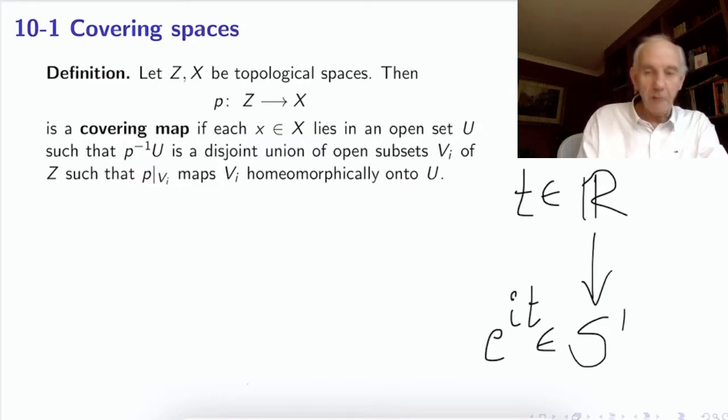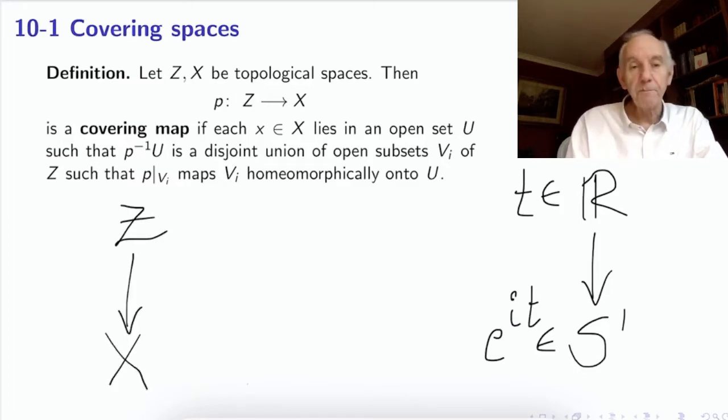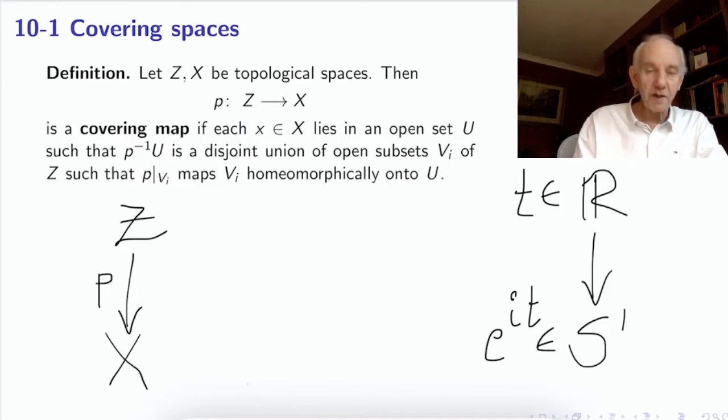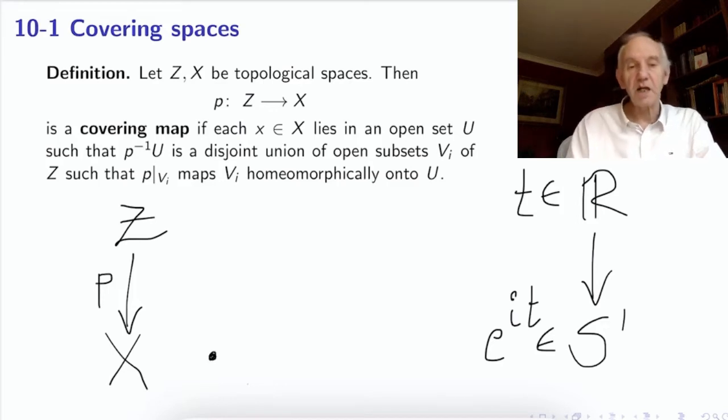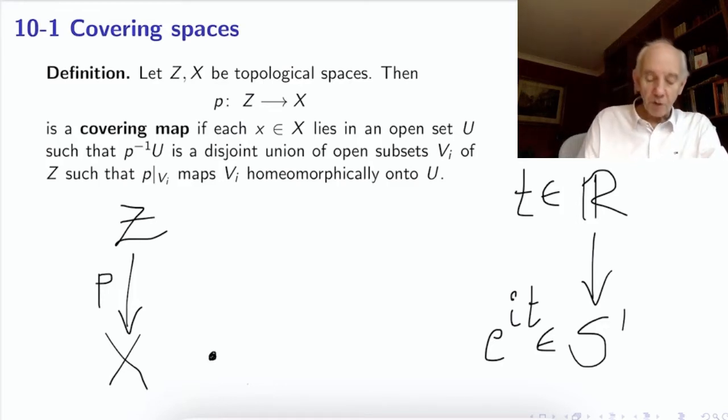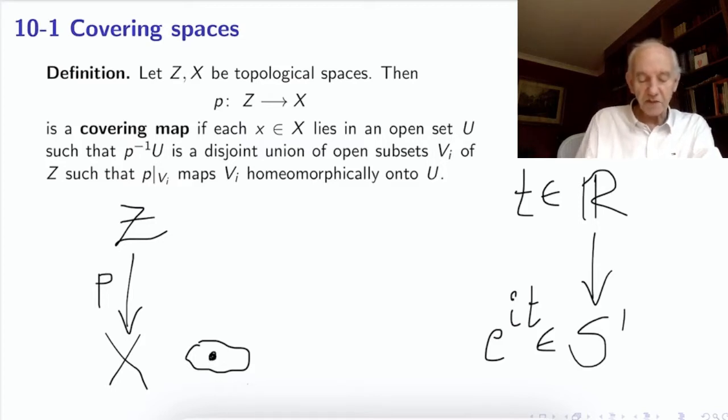We're talking about a map from a topological space Z to a space X. The map here is called P. The idea is that for any point in X, in the target, sometimes called the base, we can find some open set around that point, sufficiently small so that its inverse image in Z consists of a number of disjoint open sets, each of which is homeomorphic to this bottom one, U.